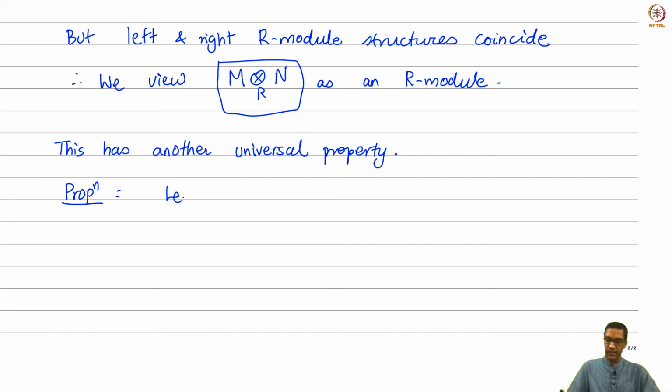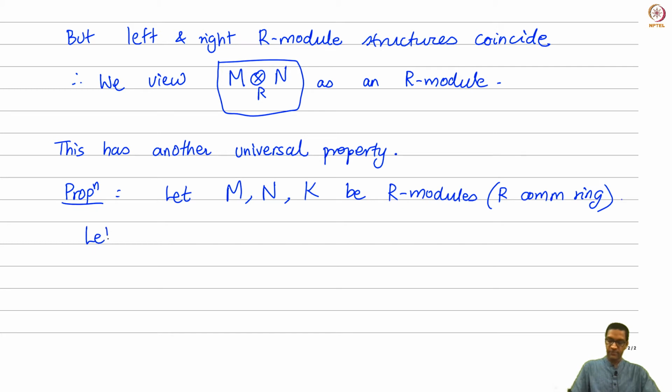Let M, N, P, K be R modules, where R is commutative, and let f from M cross N to K be R bilinear.